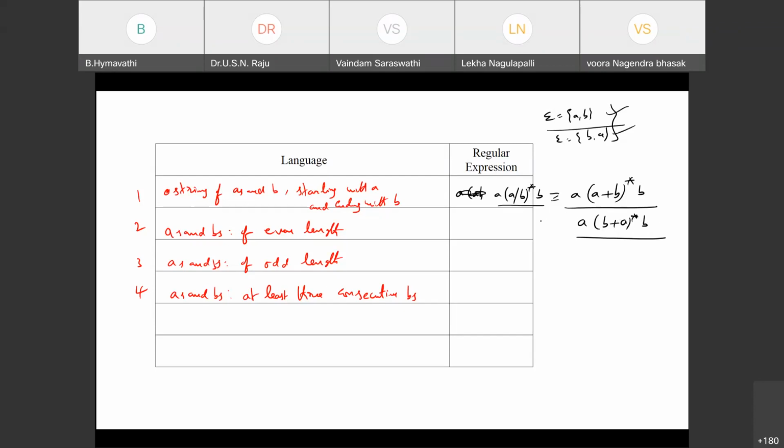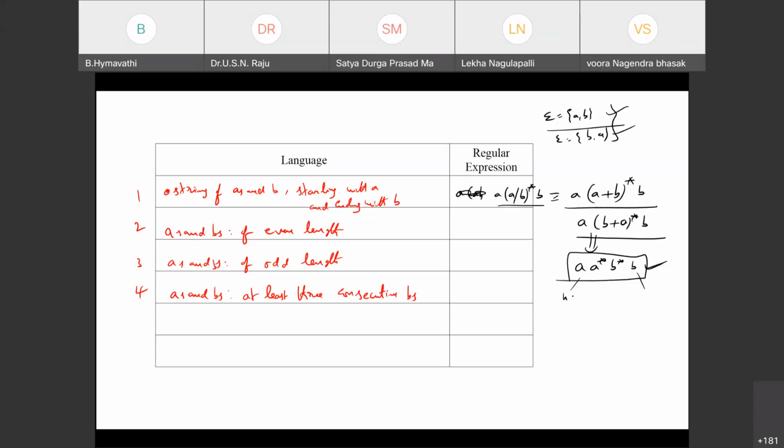Before going to this, somebody said this is the answer for the first one: A star, B star, B. Is it right? Starting with A and ending with B, any number of A's, any number of B's. Is it correct or not? If it is wrong, tell me why. Wrong, sir.